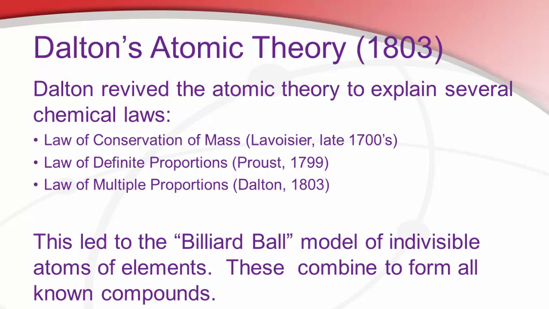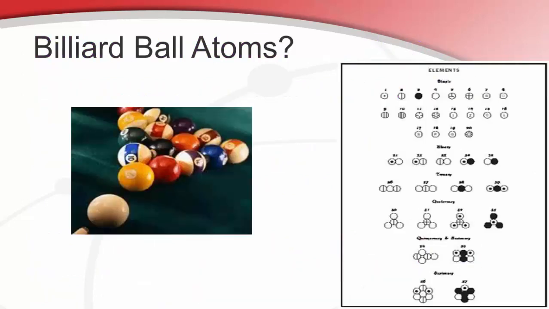into a billiard ball kind of model of indivisible atoms of elements, you could look at this and talk about combinations of these billiard balls to form various things about which we know. And so this is one of the early diagrams of this, talking about fitting together these billiard balls to make varying things.